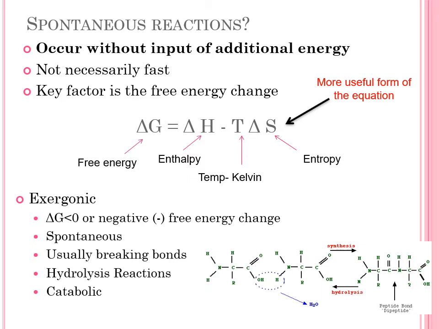Okay, this is the equation that I want you to know. So this triangle symbol here in front of the G and in front of the H, that's a Greek letter for delta, and delta means the change of. So we're talking about the change of Gibbs free energy equals the change of enthalpy, which is the total energy of the system, minus the temperature on the Kelvin scale, times the change in entropy, excuse me.